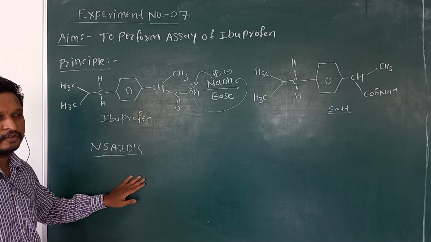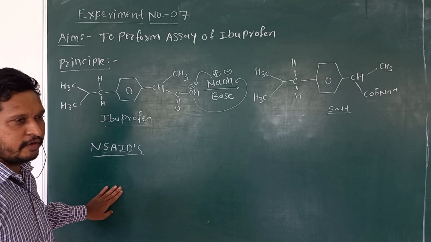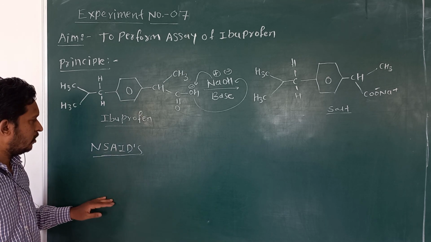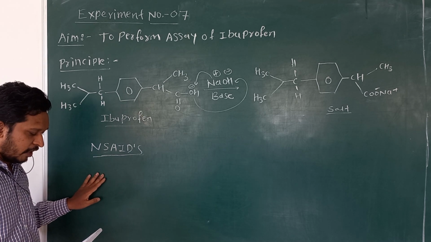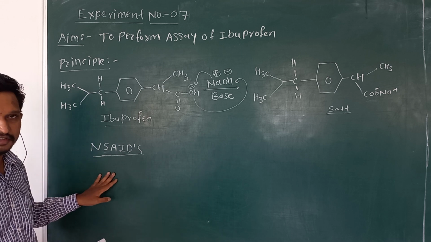In some cases, they are used as antipyretics, which reduce the elevated body temperature in fever. So ibuprofen is an aryl acetic acid derivative of the NSAID types of drugs.